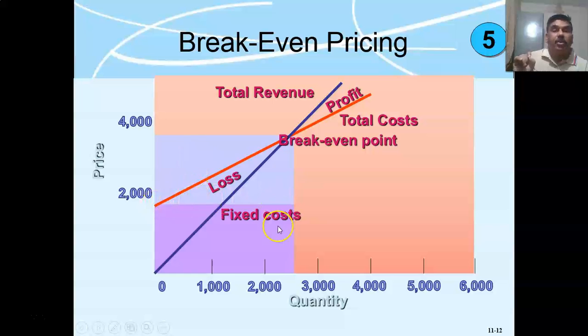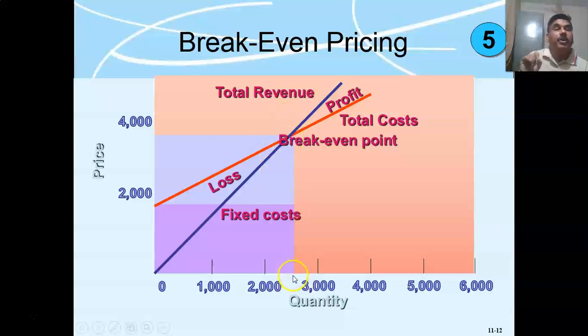Because fixed cost is always fixed, we are not going to reduce it. And the variable cost, in the gray color, increases with the increase of production, right? So at this point, the total units they have to produce is 2,500.